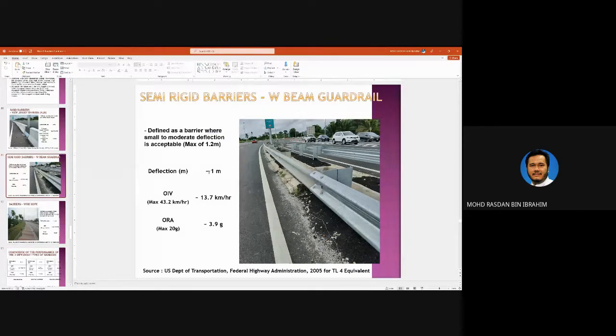The deflection is 1 meter. So this is the deflection. It is designed to deflect 1 meter. Here the maximum is 1.2 meter. So the distance of any object that is supposed to be shielded should be at least 1 meter. From this, this. Here also, already looking wrong.